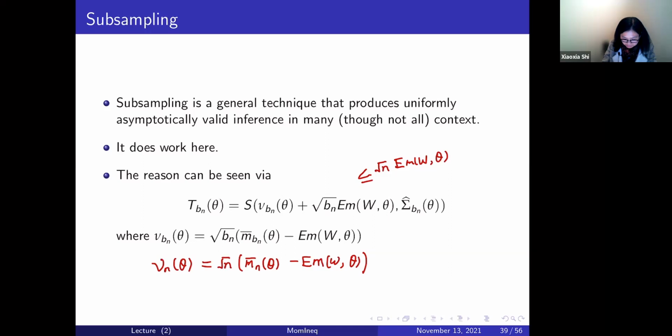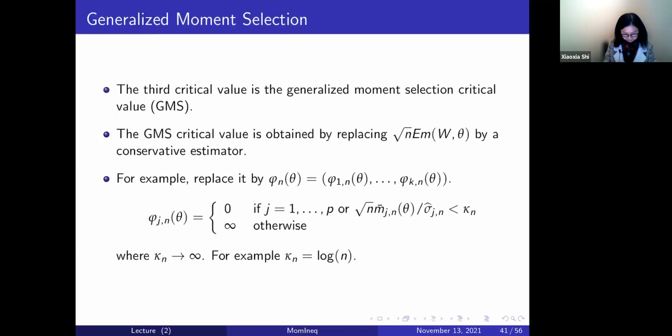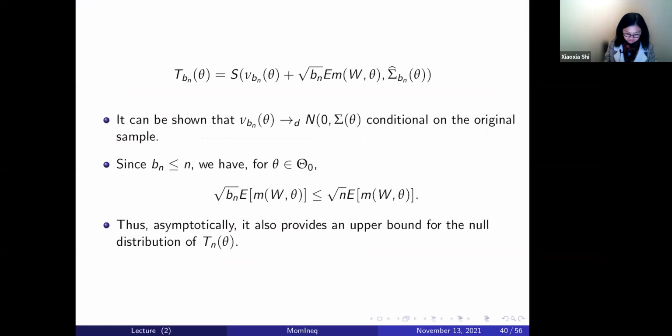So therefore, this statistic stochastically dominates the version with root n instead of root Bn, right? So the subsample statistic has a distribution that asymptotically dominates the null distribution of the test statistic. And because of this, the subsample provides an upper bound for the null distribution. Because of this, it achieves uniform asymptotic size control as well.